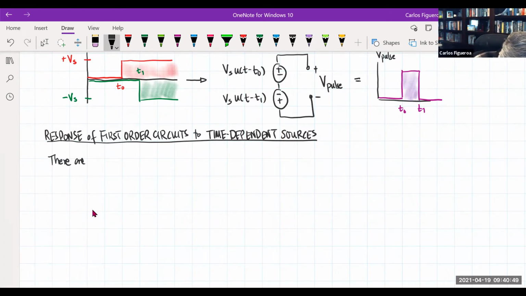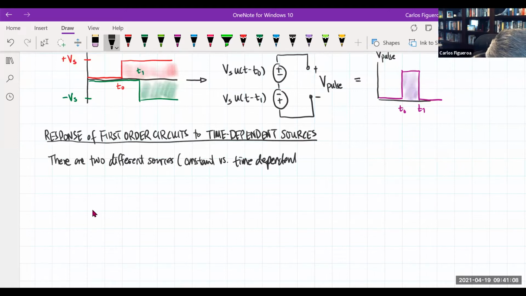There are two different sources, which would be a constant versus a time-dependent, with different first order equations.